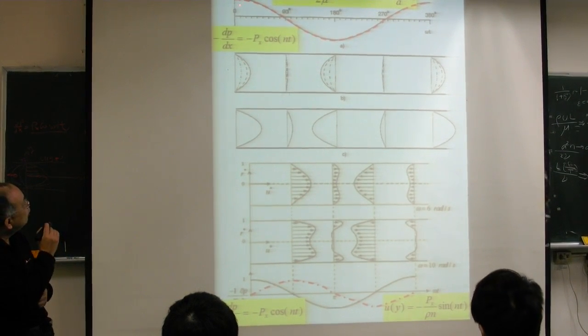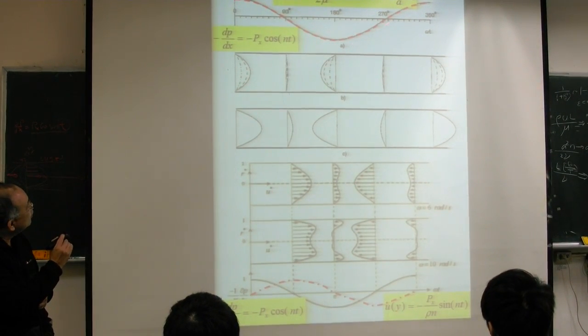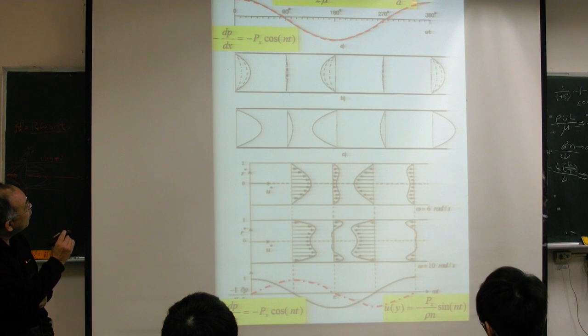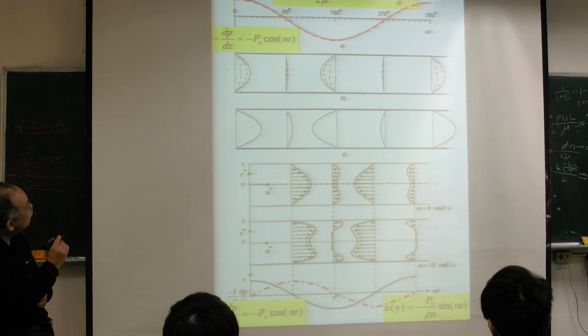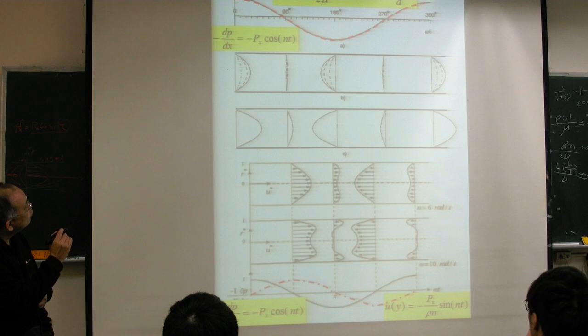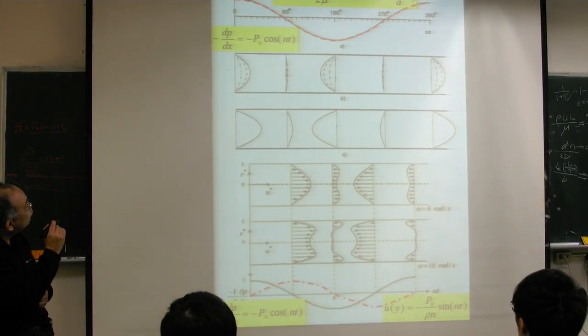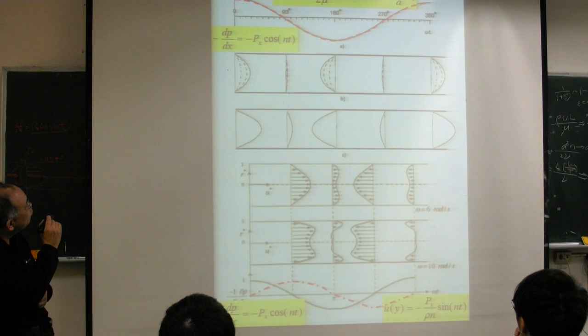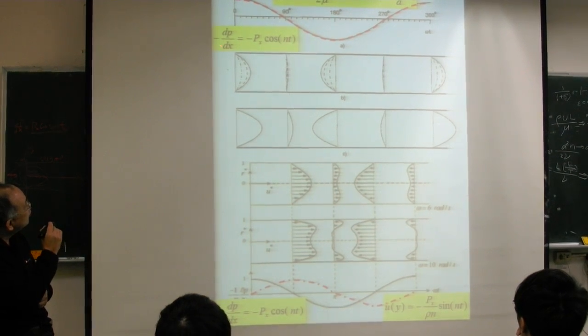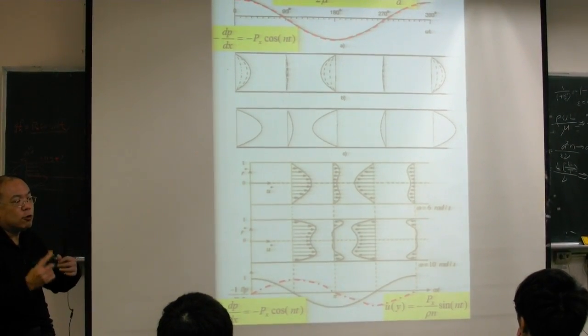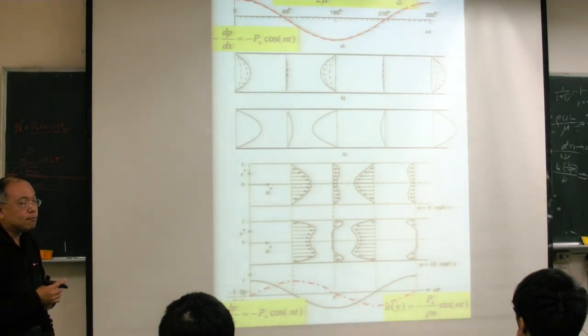That means the red line here represents our velocity profile at the center point. When y equals 0, as you can see, this term drops, right? Y equals 0 represents the velocity at this location at different times. Compared with the dp dx, they almost synchronize in phase.